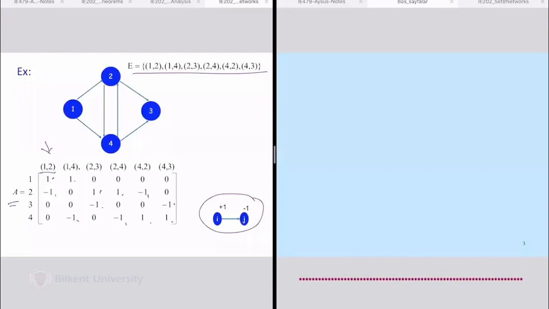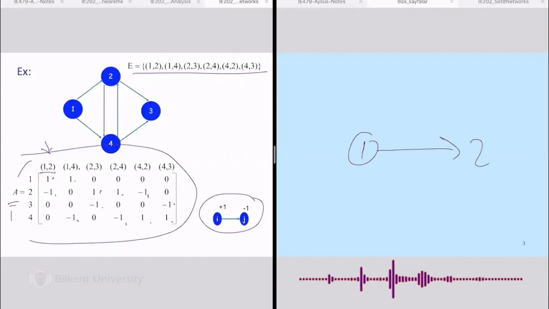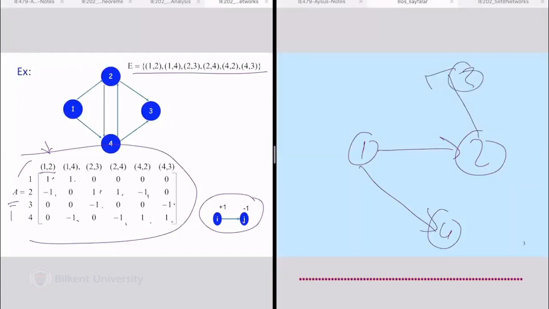Given a network, you can immediately write the node arc incidence matrix. Or given a node arc incidence matrix, you can immediately construct the network. Let's look at here. From 1 to 2, so there is a 1 to 2. From 1 to 4, there is a 1 to 4. From 2 to 3, there is a 2 to 3. My handwriting is awful, I know.